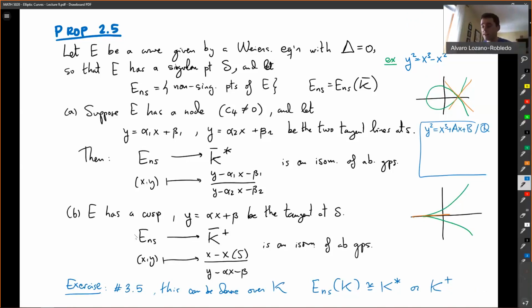It's smooth and nice, but I can pick A and B to be integers, and then I'm going to take P to be a prime, and I'm going to reduce modulo P, and then what I'm going to get is a curve that looks the same, feels the same, but now is defined over FP because I've reduced mod P, but this may be singular.